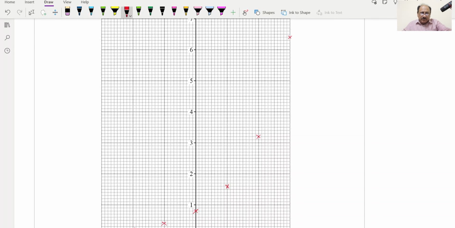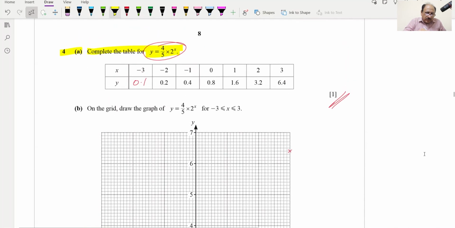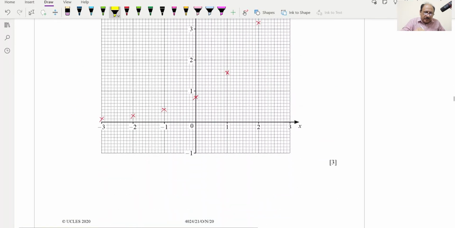Now we will be drawing this curve, basically this part on the grid. Draw the graph of this from -3 to 3. So we will be trying to draw a smoother curve, and we will be joining these points for the smoother curve like this one.